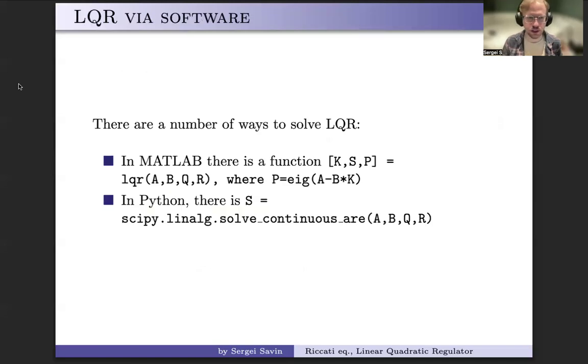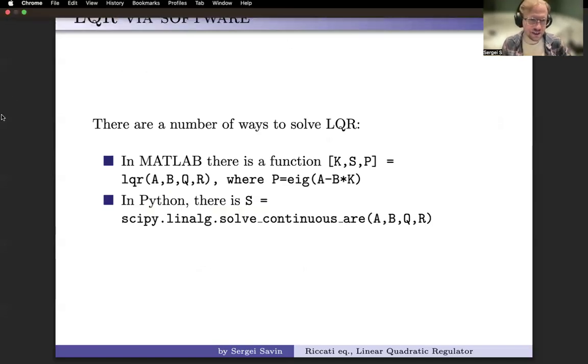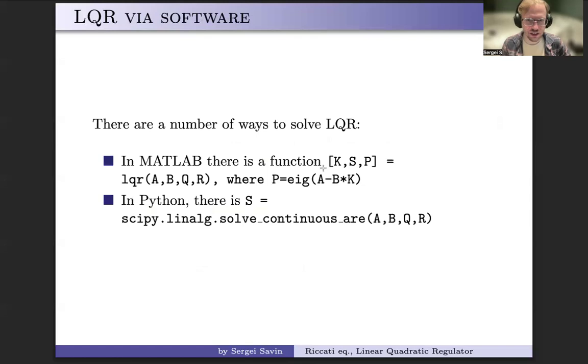So the way we would solve it is like this. We'll just take, for example, the MATLAB function LQR. We give it matrices A, B, Q, R. And we get as output the optimal gain, the optimal cost to go function, and even the eigenvalues of the system.